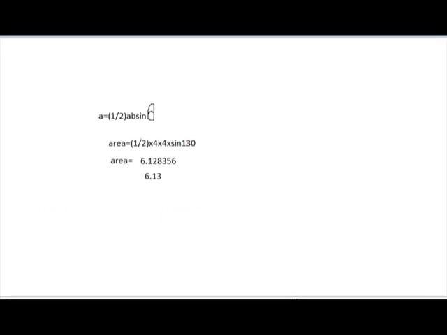So the area of a sector, let's just write it down. Area of sector is equal to theta divided by 360 times pi times radius squared.